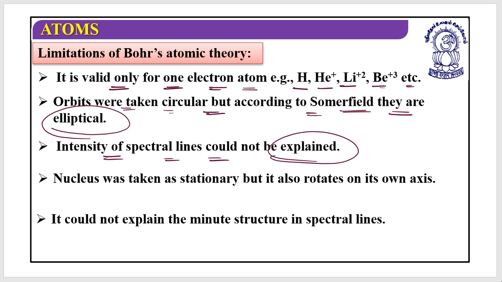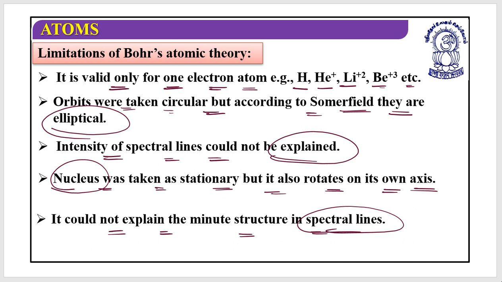We don't know how this has arisen. A nucleus was taken as stationary, but we know that a nucleus also rotates on its own axis. We don't know how to deal with that. It could not explain the fine structure in the spectral lines.